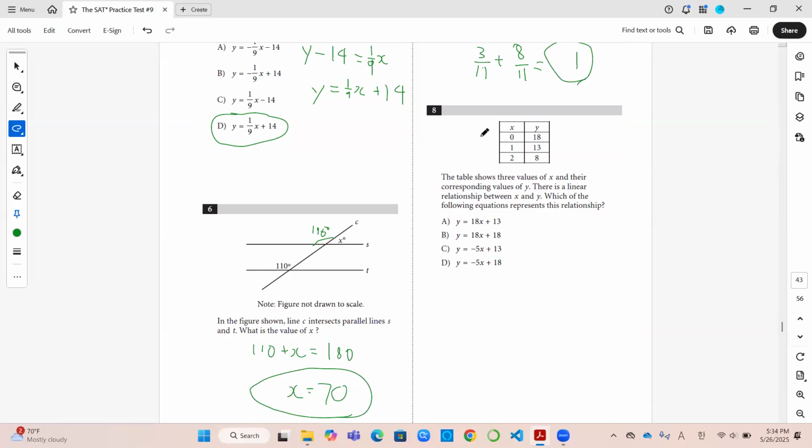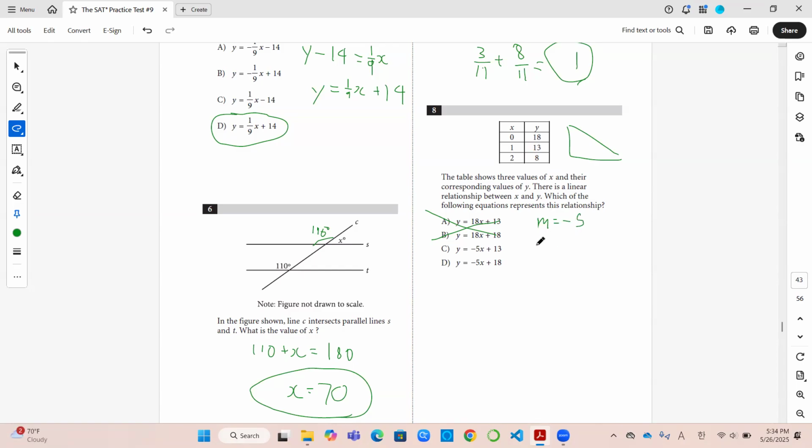The table shows three values of x and their corresponding values of y. There's a linear relationship between x and y. Which of the following equations represents it? If you look at this, as the x increases, the y decreases. So immediately I can get rid of A and B because it's a decreasing linear function. I'm going to go ahead and calculate the slope. Well, we obviously know the slope is -5 here.